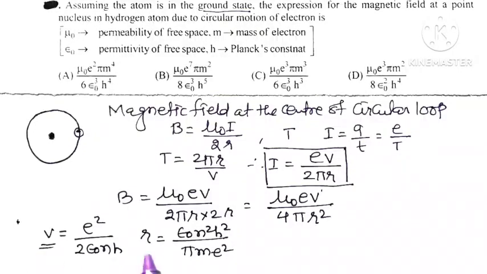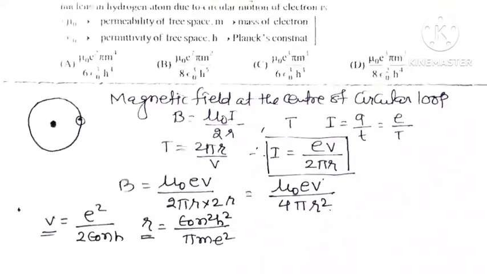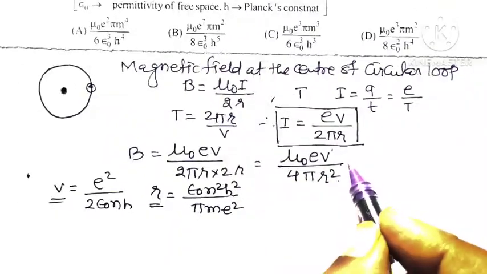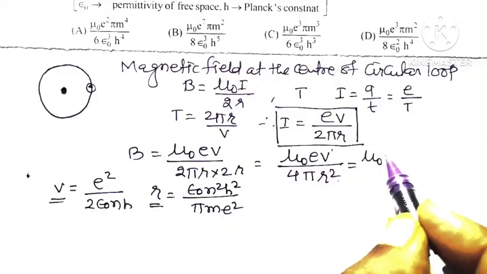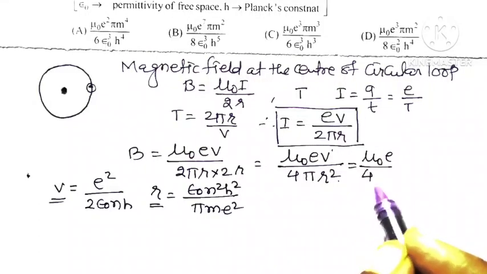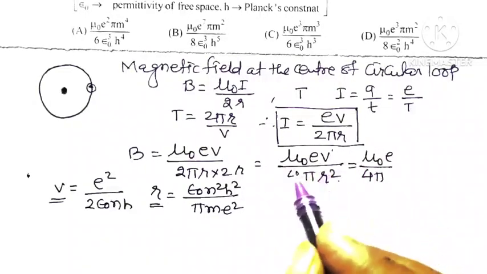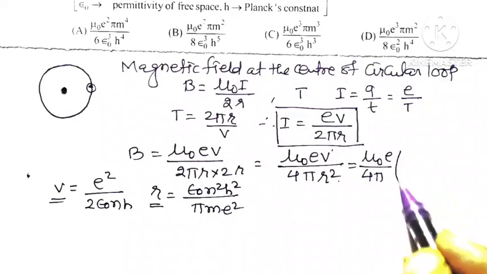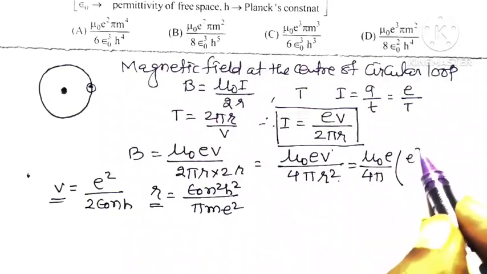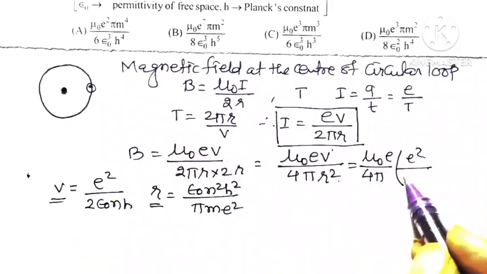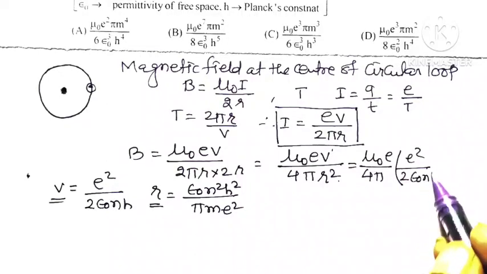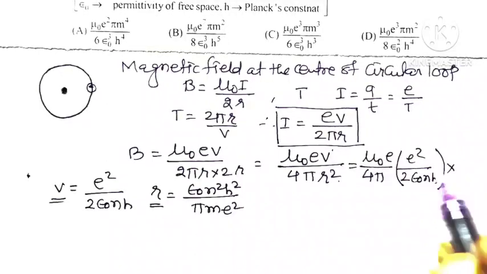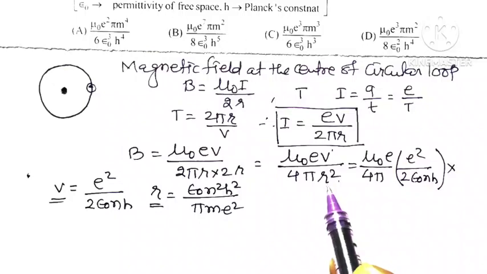Now put the value of V and that of R square in the expression for B. So B becomes equal to mu 0 into E divided by 4 pi, and in place of V we can write E square upon 2 epsilon 0 nh, into 1 upon R square.